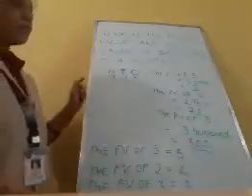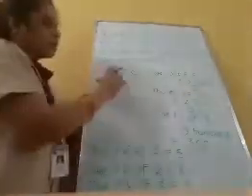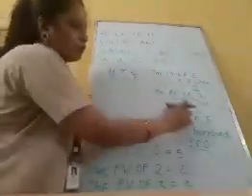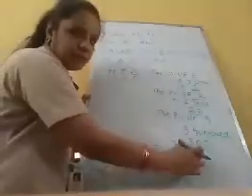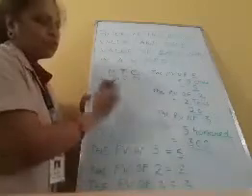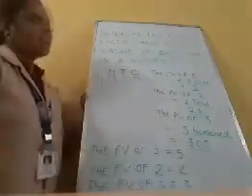Now you see the difference. In the place value, 5 is 5, 2 is 20, 3 is 300. In the face value, 5 is 5, 2 is 2, 3 is 3.